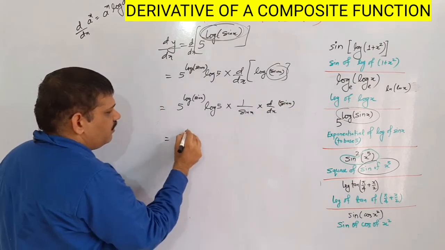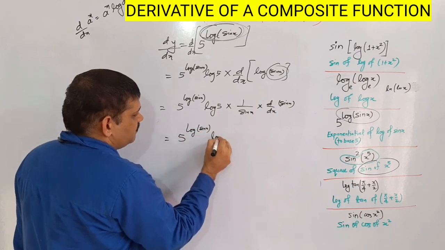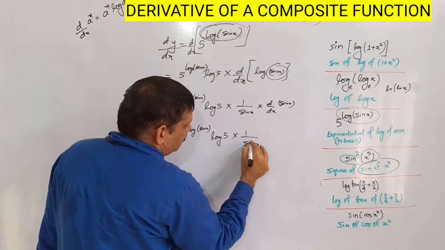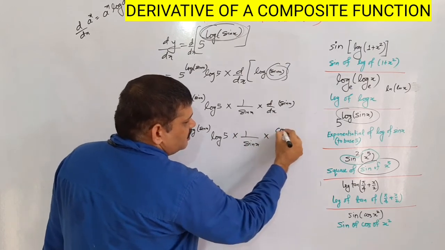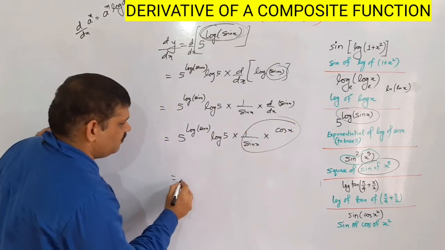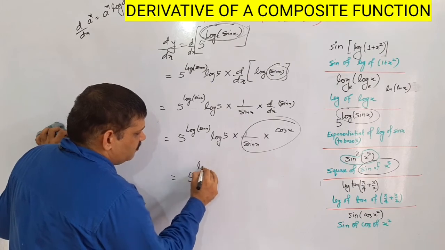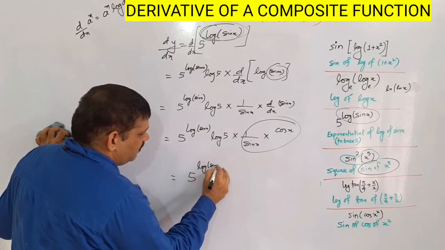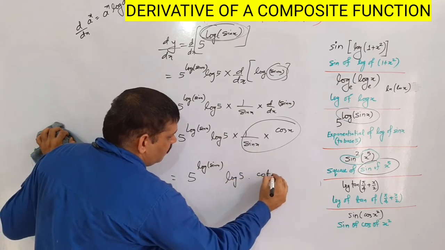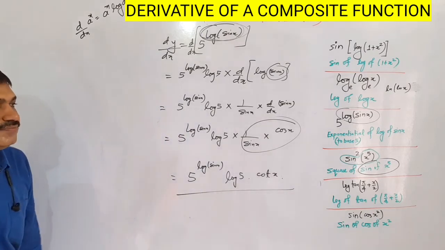Now 5 raised to log of sine x times log 5 into 1 upon sine x into the derivative of sine x is cos x. Now cos upon sine is cot x, so it can be written as 5 raised to log of sine x multiplied by log of 5 into cot of x. This is the final answer.